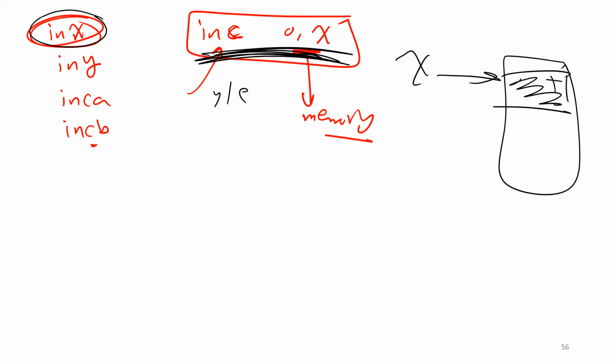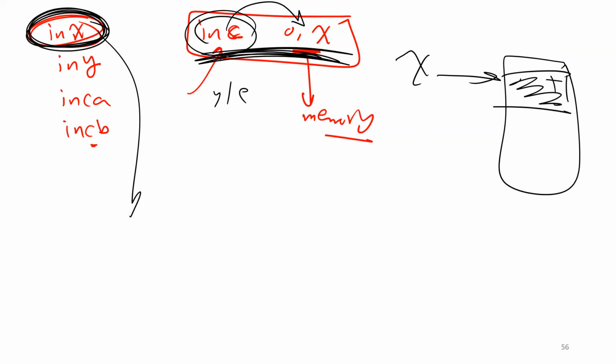However, when I say increment X, this has nothing to do with memory. I'm going to increment register X. But this one, I'm going to increment the value in this location. Is that okay? Just want to make sure you understand the difference.